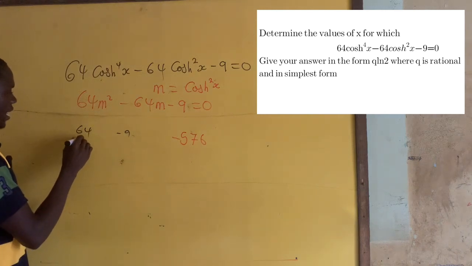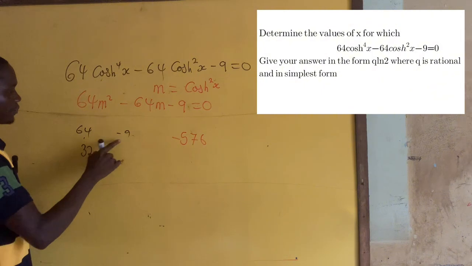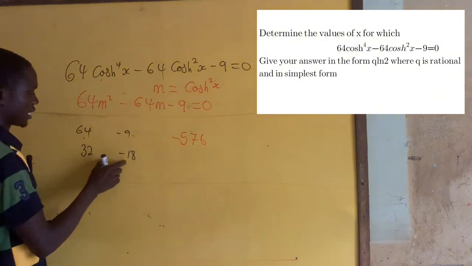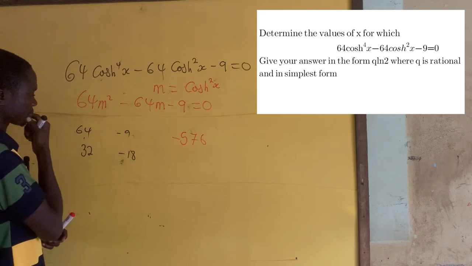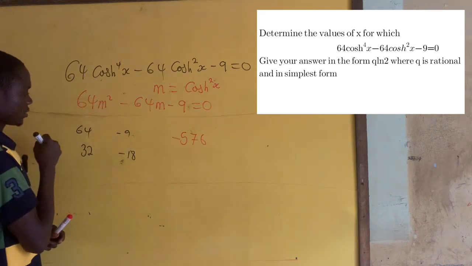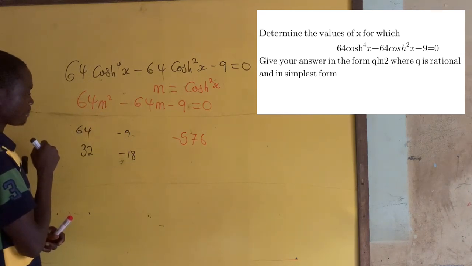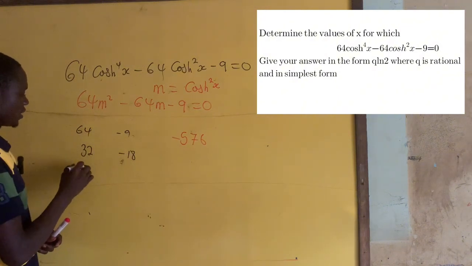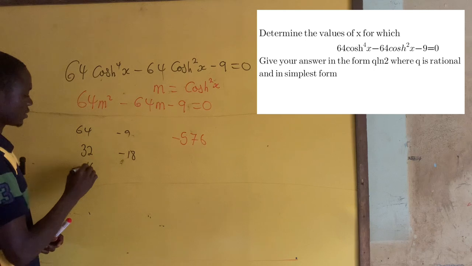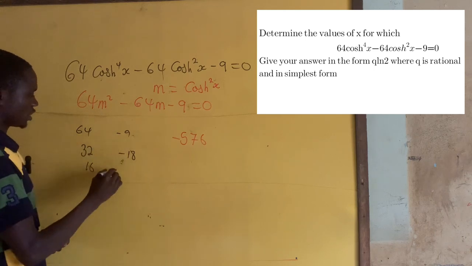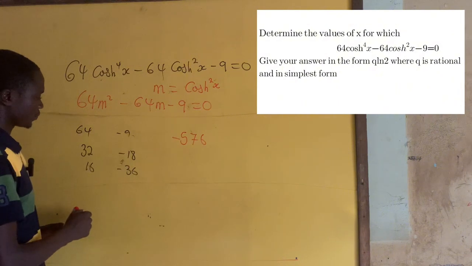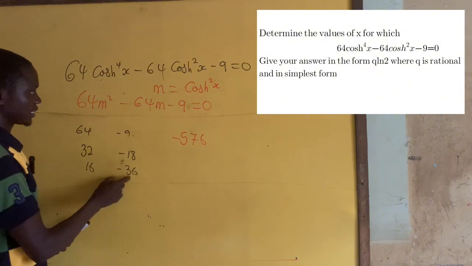If I divide here by 2, I'll get 32, then multiply here by 2, I'll get negative 18. If we add, it won't give us 64. Let me take 4. 4 divided by this will give me 16, and 4 times this will give me minus 36. So 16 plus this will not give me that.